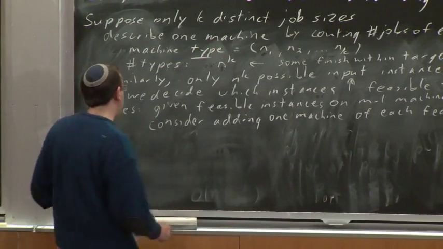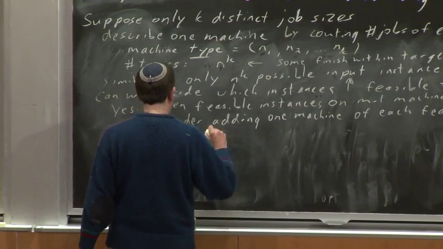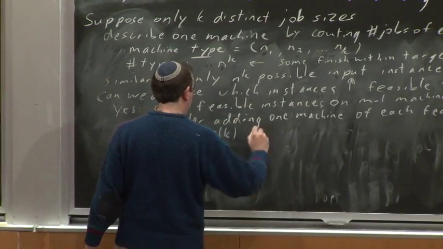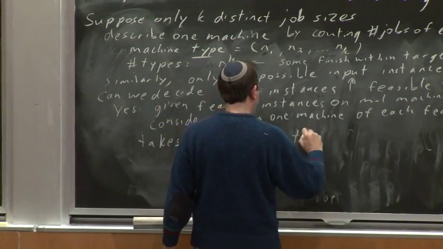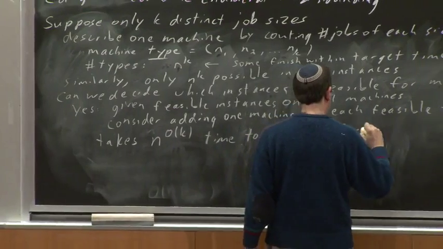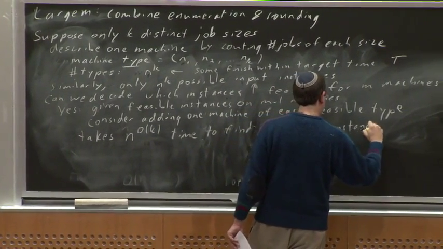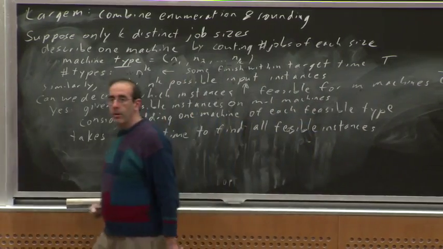So this takes n to the order k time to find all feasible instances. Right?